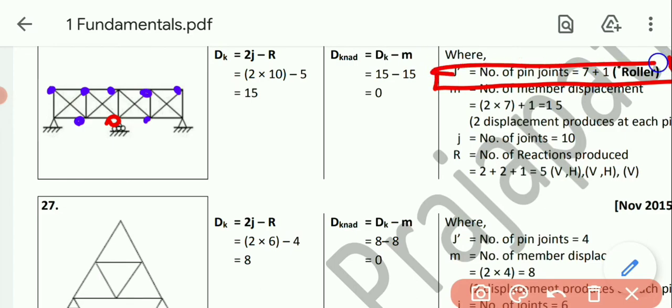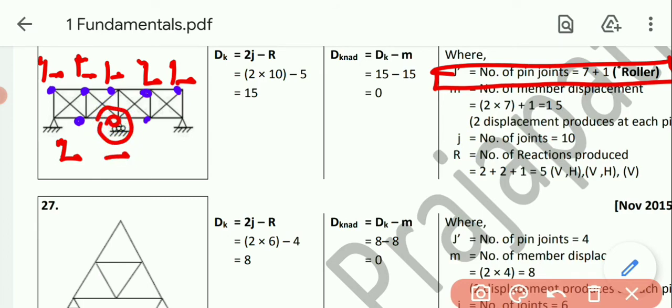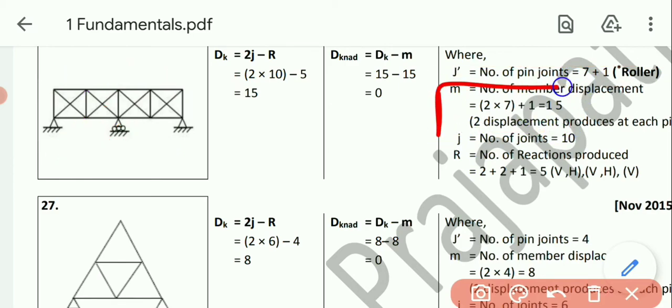Talking about M, at each joint 2 displacements are there, vertical and horizontal, and of this roller only horizontal, so 7 into 2, 14, plus 1 of roller, that is 15, so M will be 15.